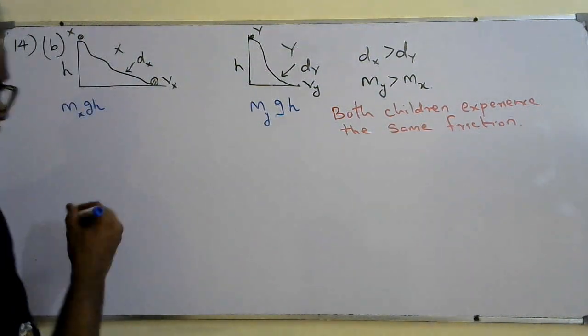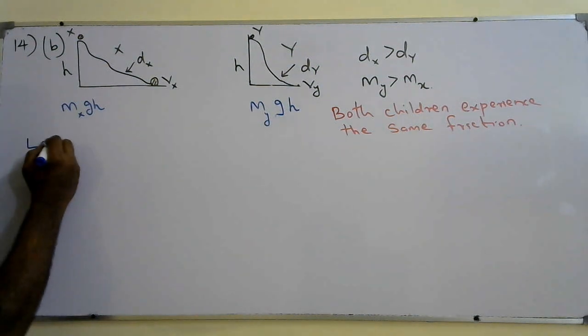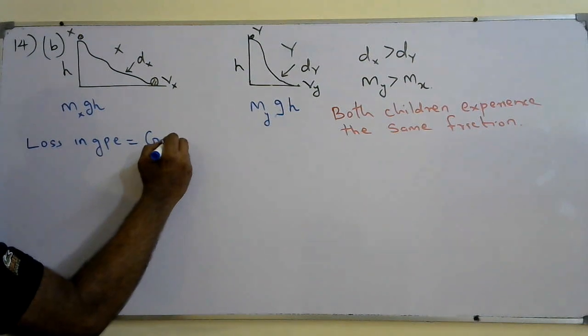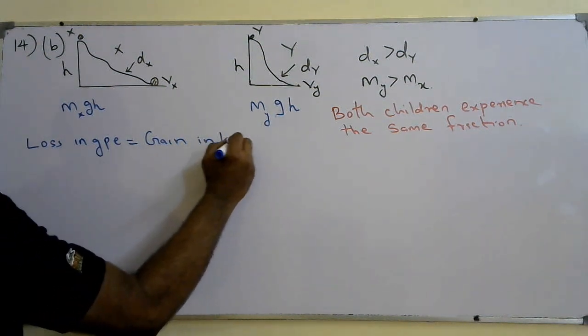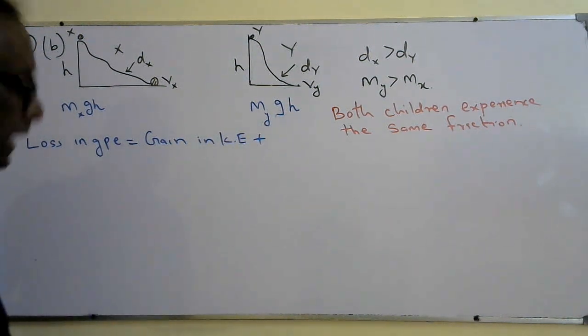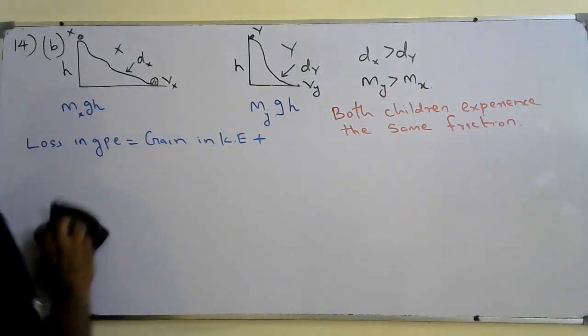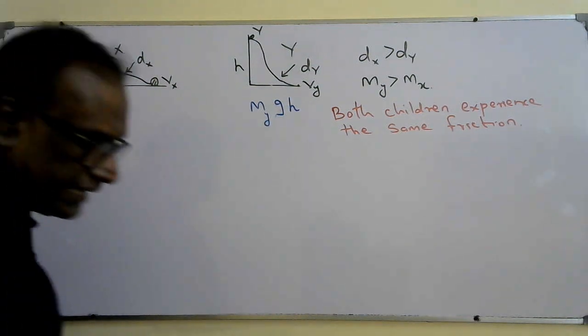We will say loss in GPE equals gain in KE plus work done against friction. Loss in GPE equals gain in KE plus work done against friction.